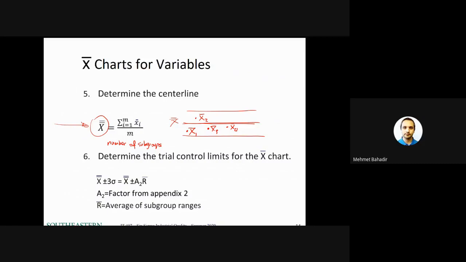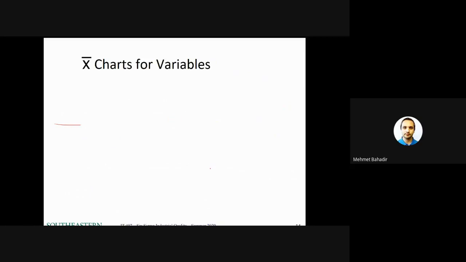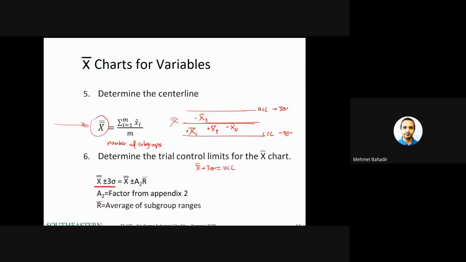So the next thing is calculating the upper control limits and lower control limits. As you remember, these are plus and minus 3 sigma lines from the center line. This is the formula. X double bar plus 3 sigma, X double bar minus 3 sigma. X double bar plus 3 sigma is going to be the upper control limit.